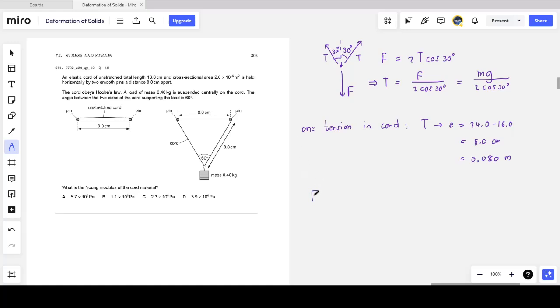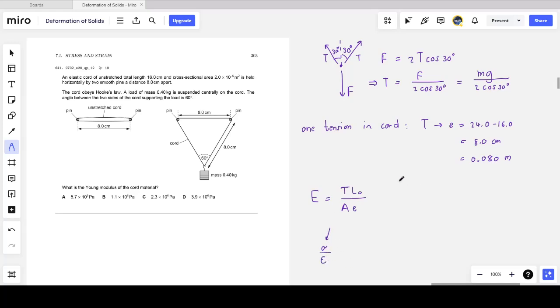Now, Young's modulus, which is what we want to calculate, is the force that is extending the cord, T, times the original length divided by the cross-sectional area of the cord, multiplied by the extension of the cord. Remember, this comes from stress over strain.